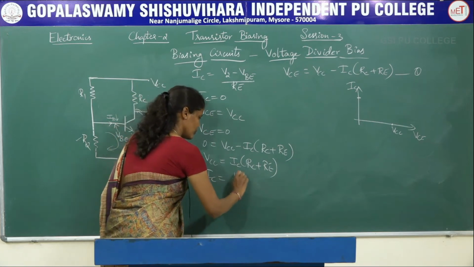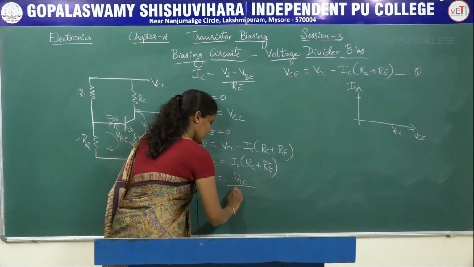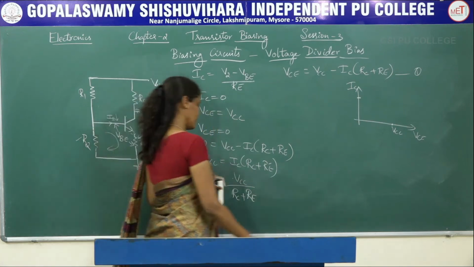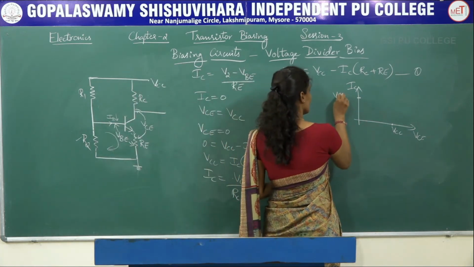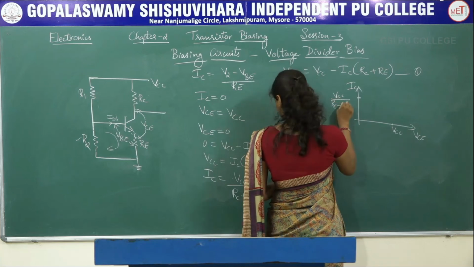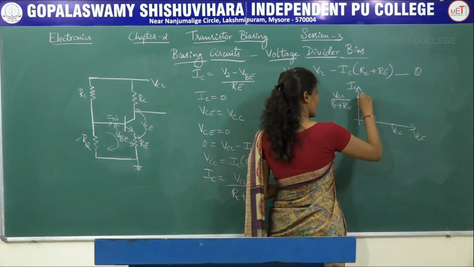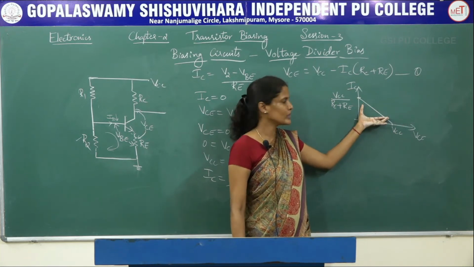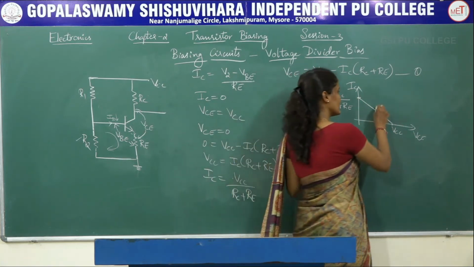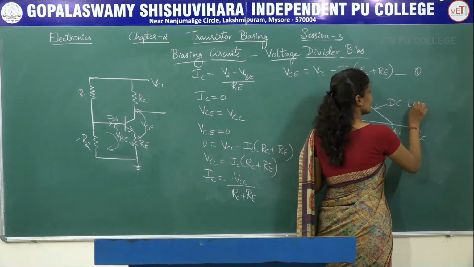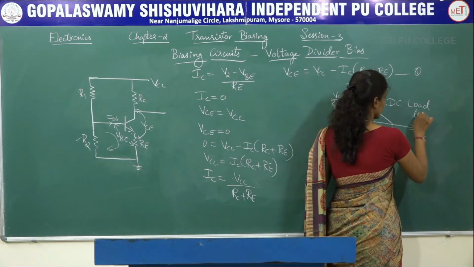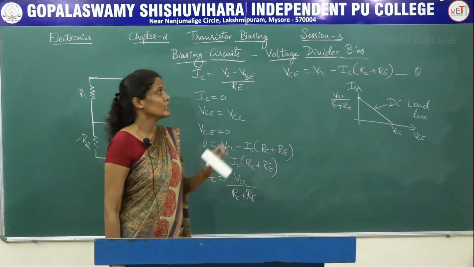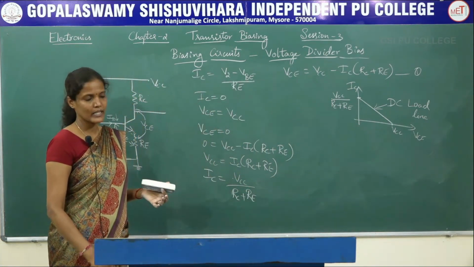IC equals VCC whole divided by RC plus RE. So this is the point for IC, that is VCC by RC plus RE. So I got the 2 points. Then I am going to draw a straight line between these 2 points, and this line will be called a DC load line, a DC load line using this voltage divider bias.